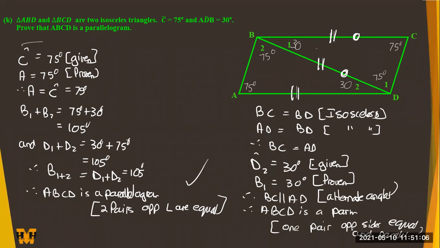Right? So let's just look at it. We just showed here that BC is equal to AD, and then we showed that this angle is actually equal to that one. So that means the sides will be parallel. So one pair of opposite sides are equal and parallel is your second method.